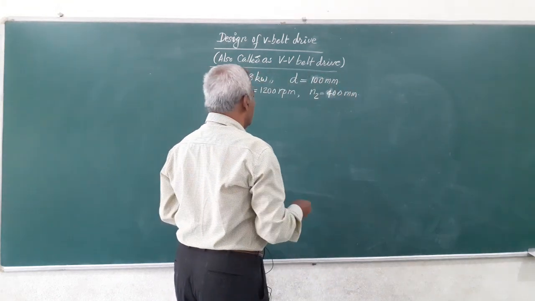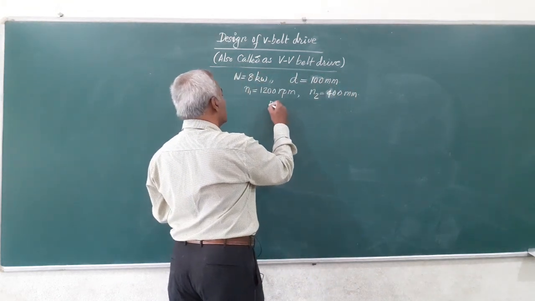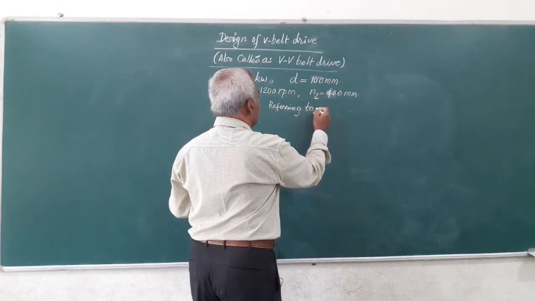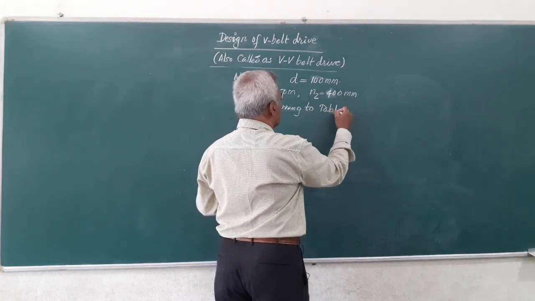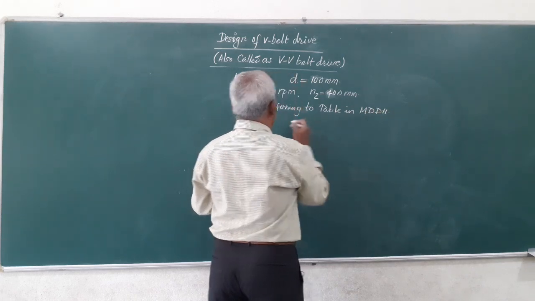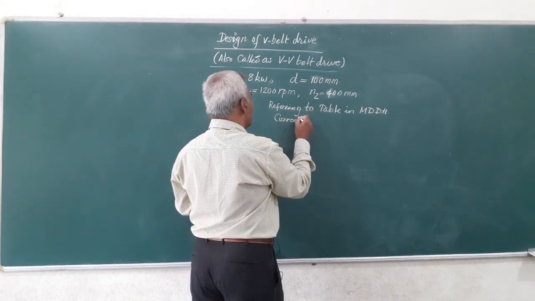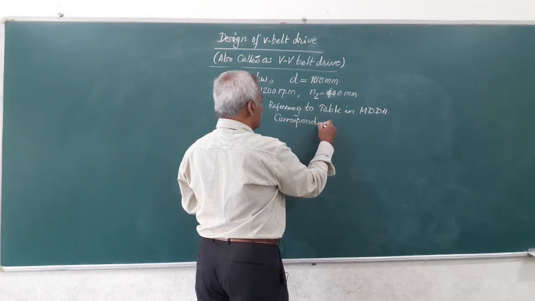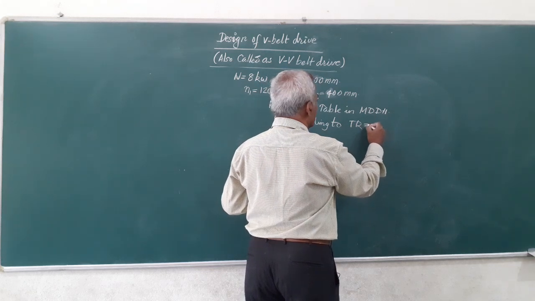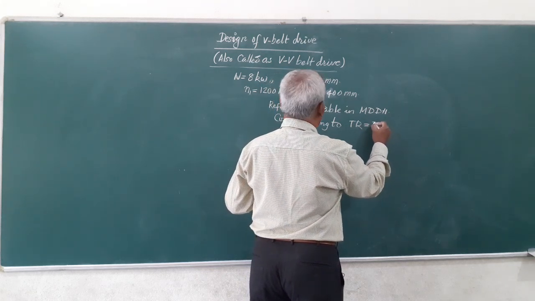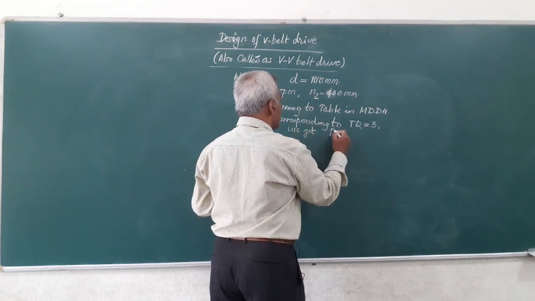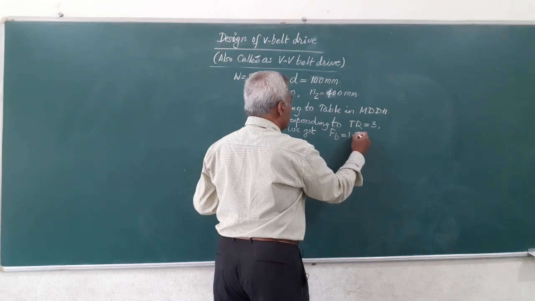So referring to the table in MDDH, the machine design data handbook, corresponding to transmission ratio TR equal to 3, we get FB equal to 1.14.